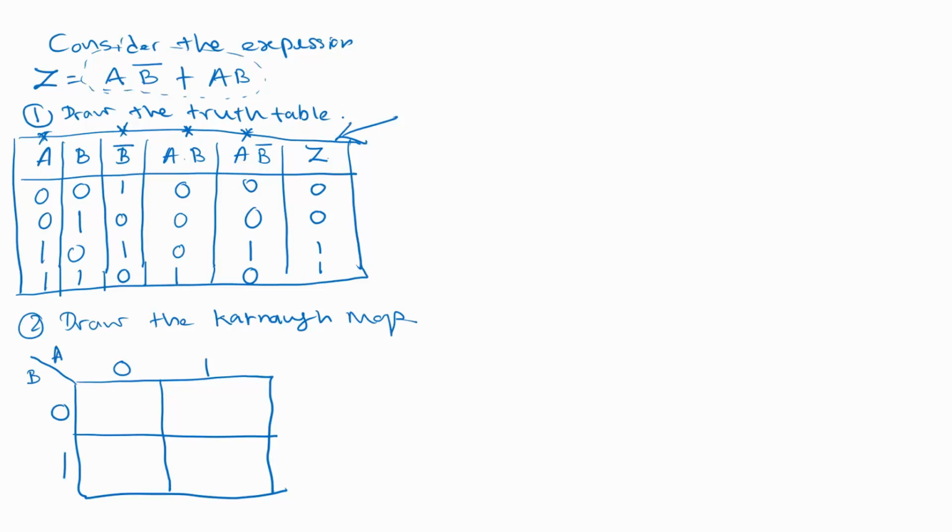This output is what we add to the Karnaugh map. Look at the first entry: A is 0, B is 0, and Z is 0. Whenever A is 0, B is 1, Z is 0.